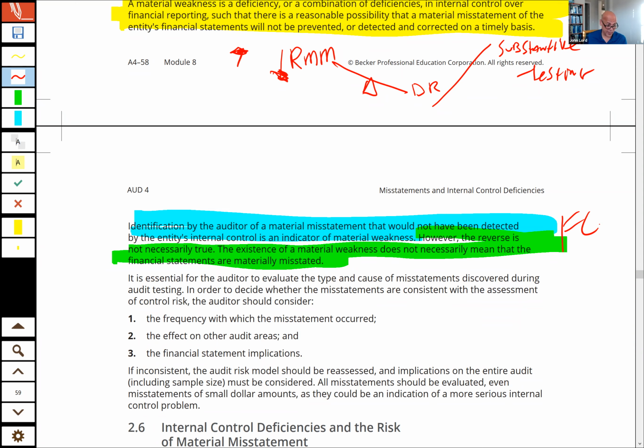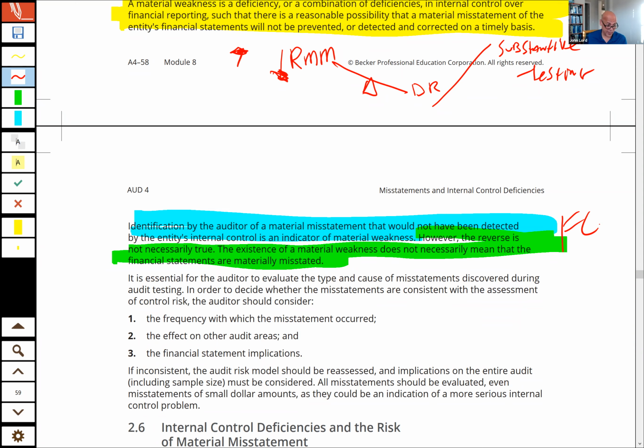Now, in order to decide whether the misstatements are consistent with the assessment of control risk, the auditor can consider the frequency of the misstatement, the effect on other audits, and the financial statement implications. So if you have your risk of material misstatement set at low, and you design your substantive procedures around a low, and then you start finding a bunch of errors, that's telling you what?